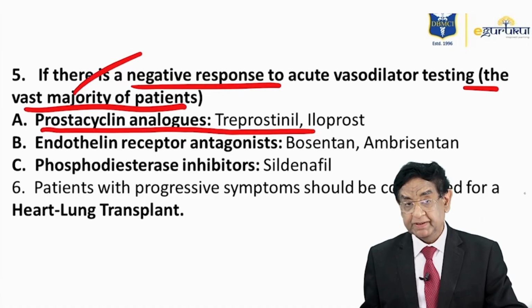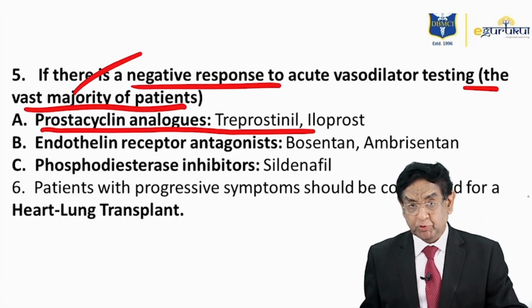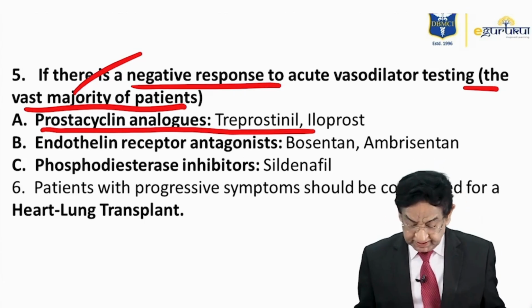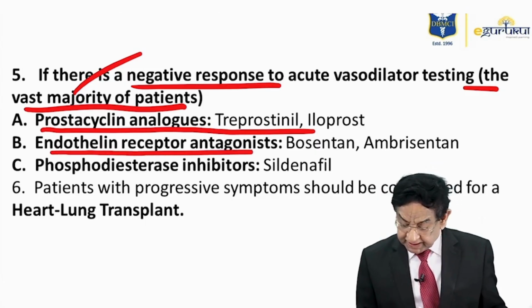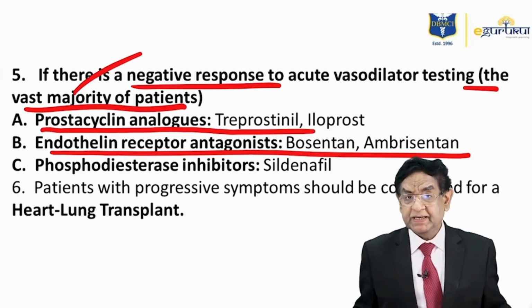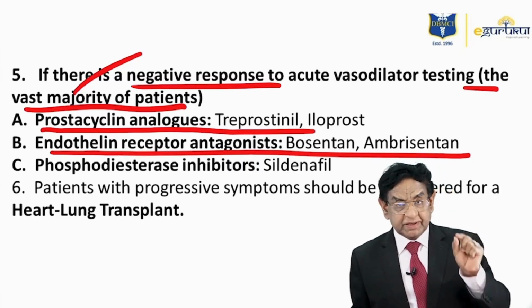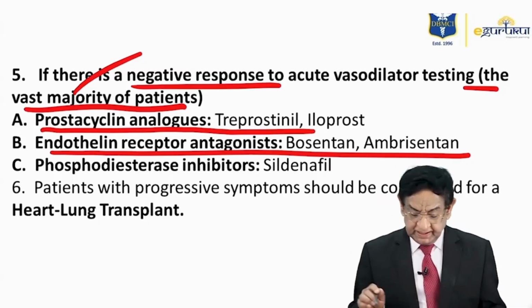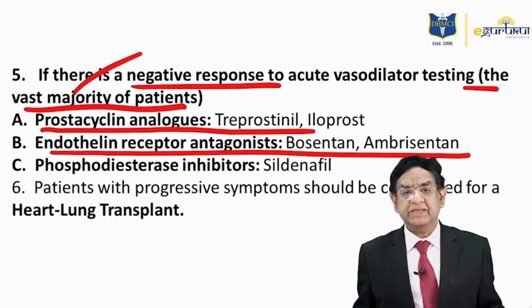You remember in the very beginning I told you prostacyclin is a vasodilator, and this got reduced in the idiopathic variety. Endothelin receptor blocking drugs like bosentan and ambrisentan, you remember in the idiopathic variety there was increased endothelin, which is a vasoconstrictor, and reduced prostacyclin, which is a vasodilator.